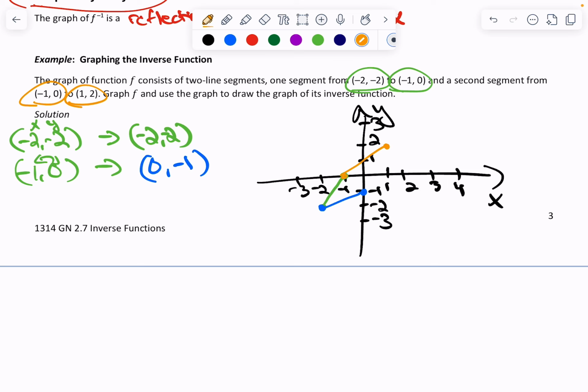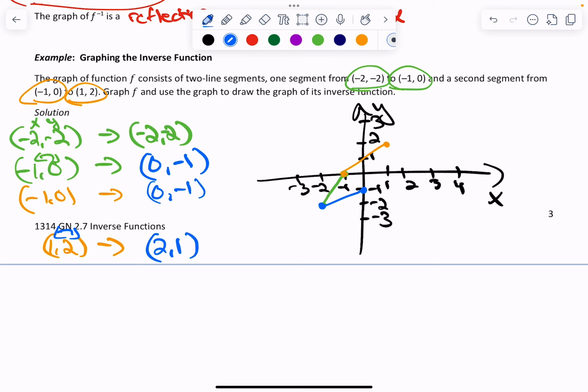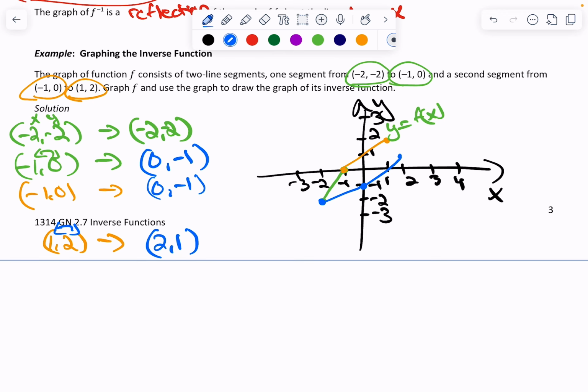Then our last point, 1, 2, becomes 2, 1. So 2 and 1 right here somewhere. So this here is our f of x, and this one is the inverse of f.